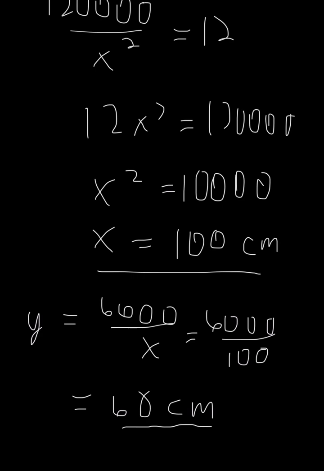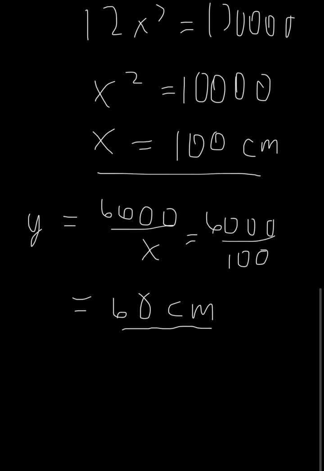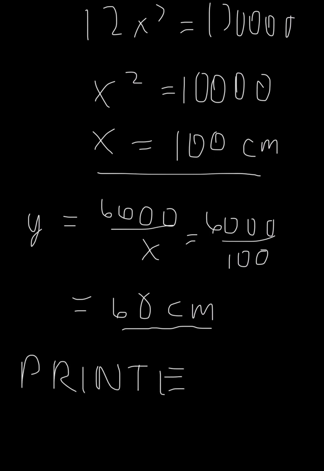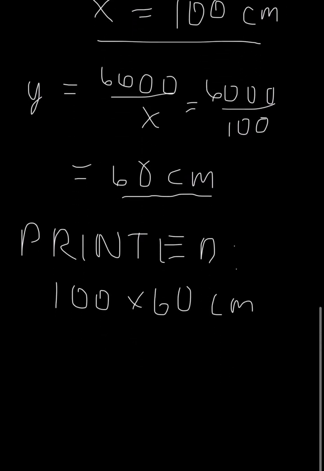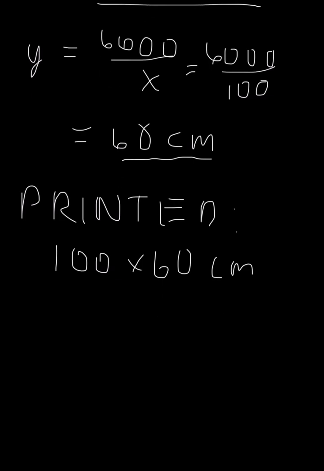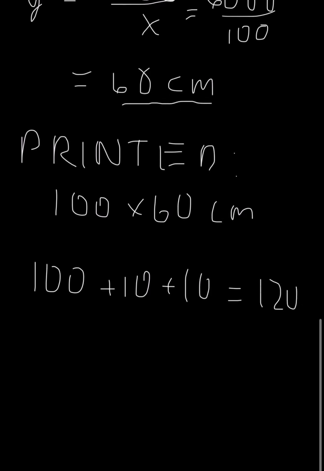Anyways, now that we have our printed dimensions, I'll write that down here: 100 times 60. What does that make our overall dimensions? Well, that's pretty easy. We just add 10 on both sides. So 100 plus 10 is equal to 120 centimeters.